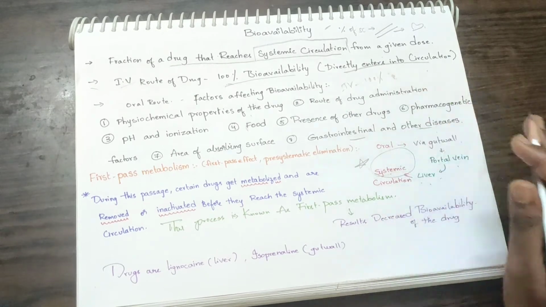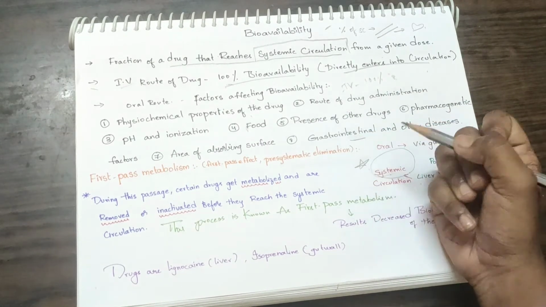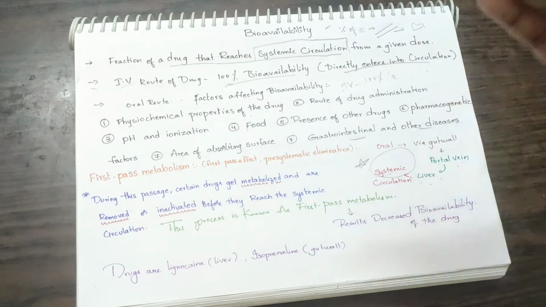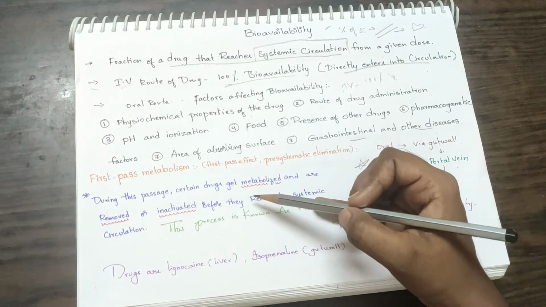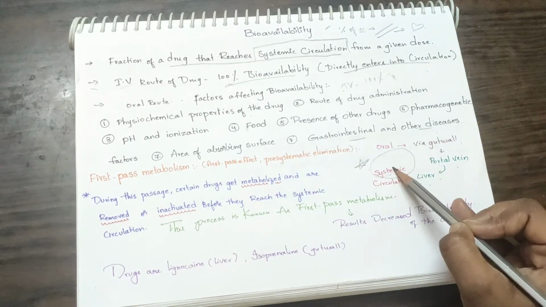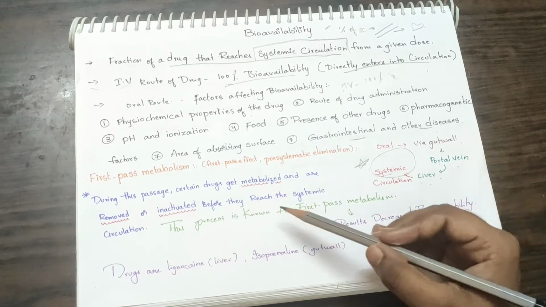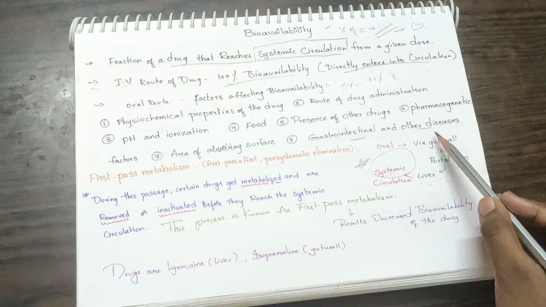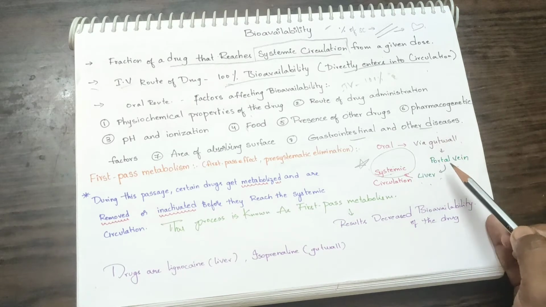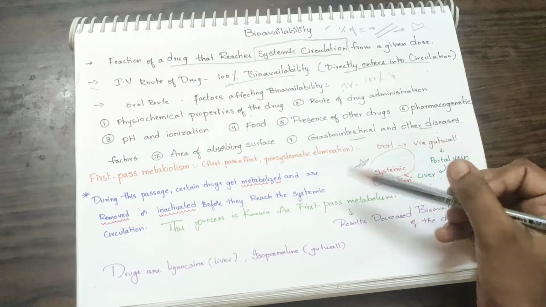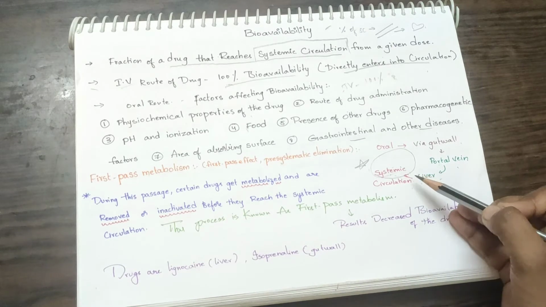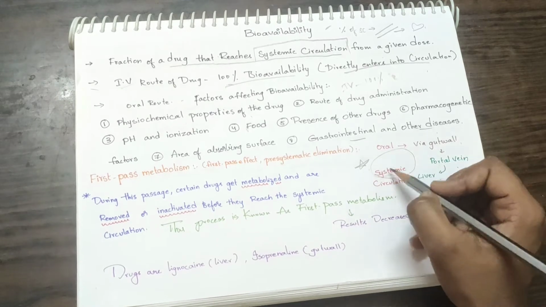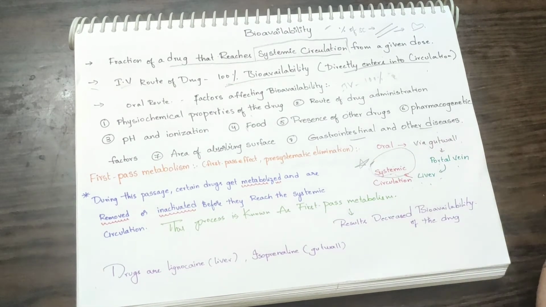So what is first pass metabolism? You have to understand this. During the passage of drugs, they get metabolized, and some amount of the drug is removed or inactivated before it reaches the systemic circulation. In this process, from the gut wall, portal vein, liver, and then the systemic circulation, some part is metabolized and removed, and only some part of the drug enters the systemic circulation.